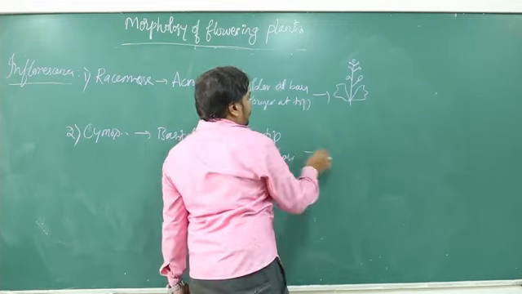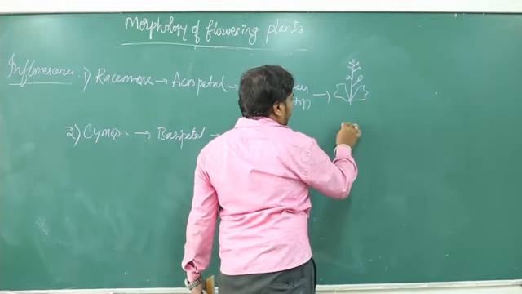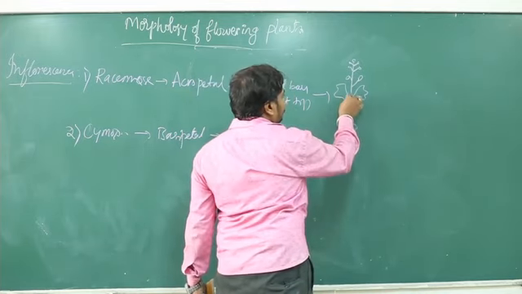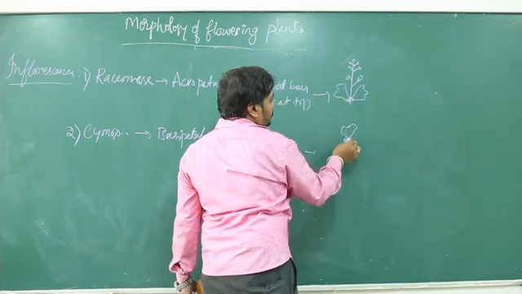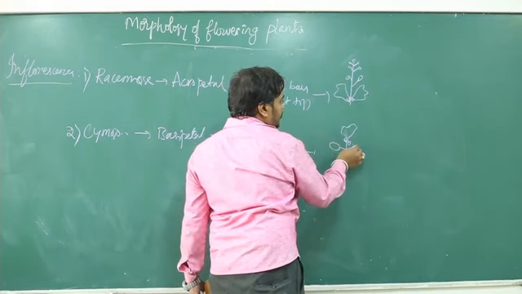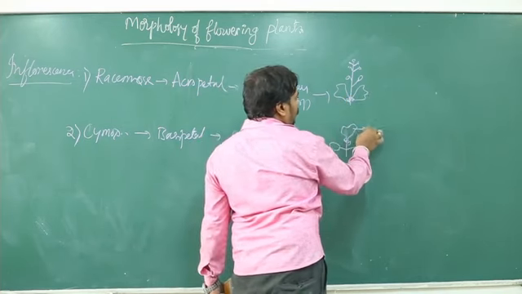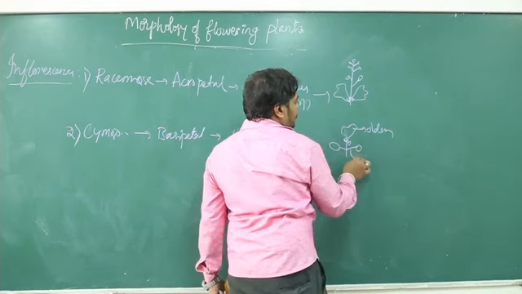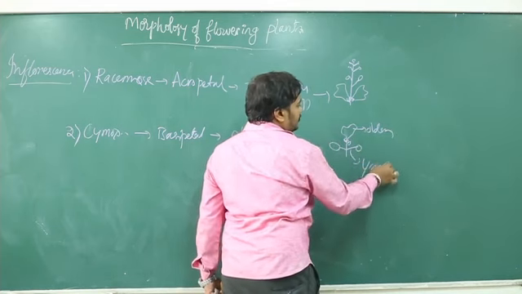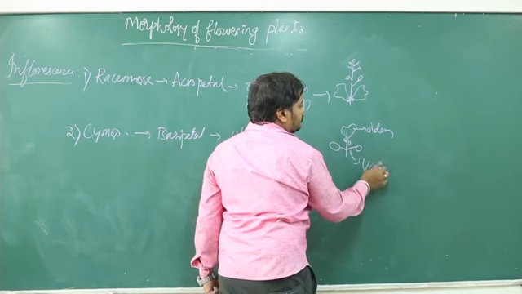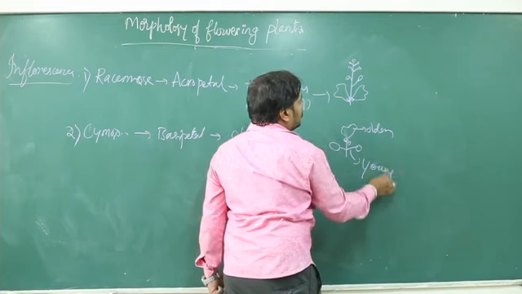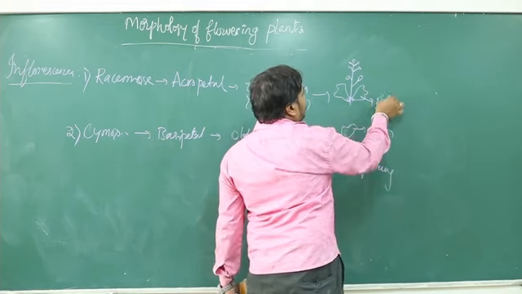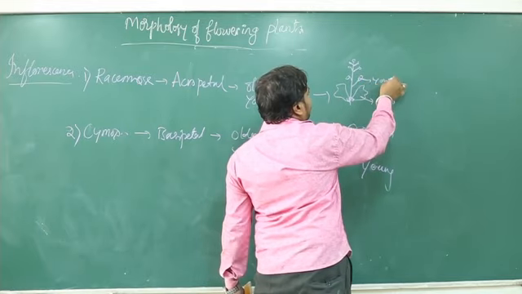Similarly here, older flowers are present at the tip and younger buds are present at the base. So this is older, this is young.